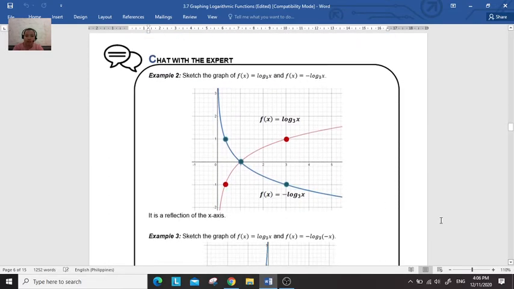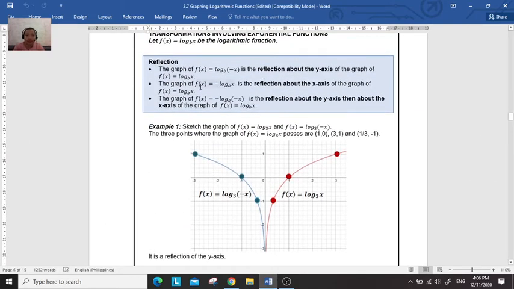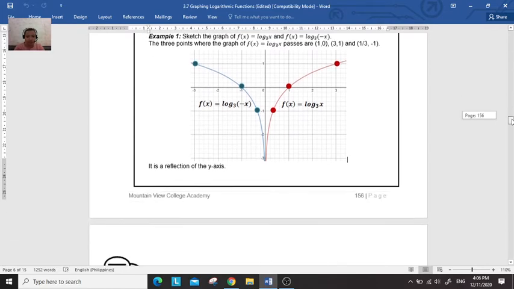Next, sketch the graph of f of x is equal to log x base 3 and f of x is equal to negative log x base 3. Based on the second statement above, the graph of f of x is equal to negative log x base b is the reflection about the x-axis of the graph of f of x is equal to log x base b.